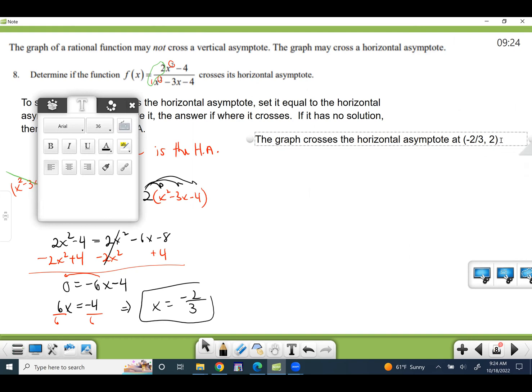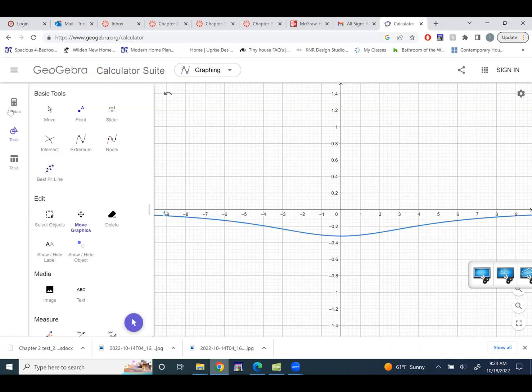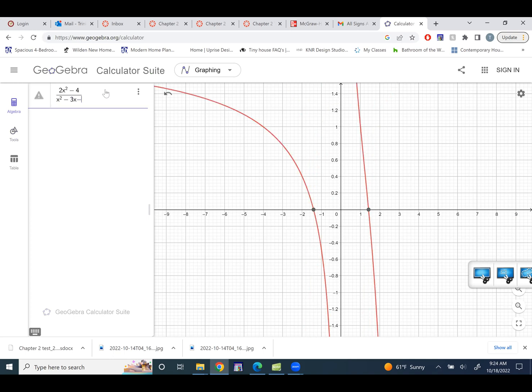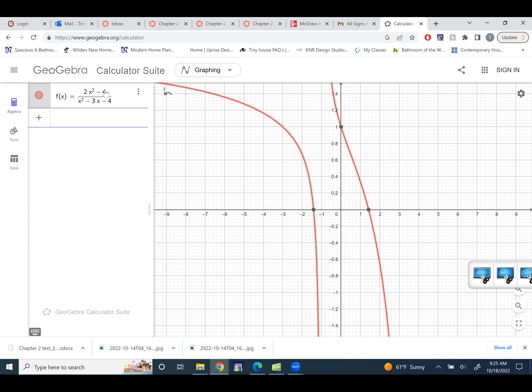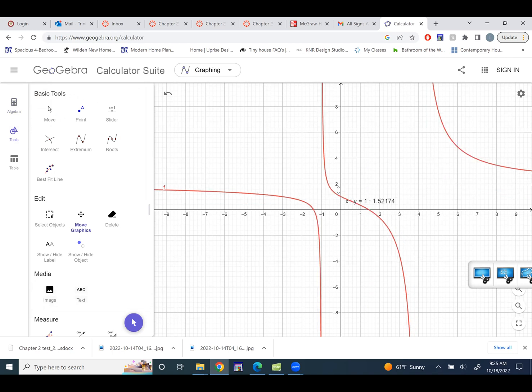Let's get a picture so you can see what I'm talking about. Let's go ahead and graph (2x squared minus 4) over (x squared minus 3x minus 4).